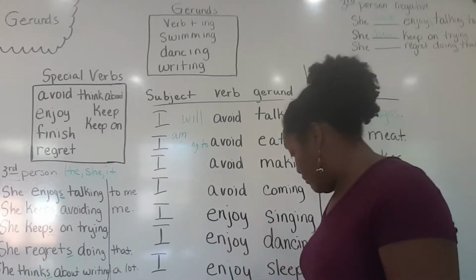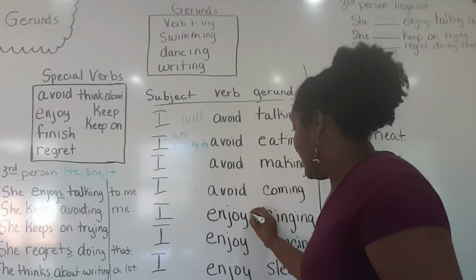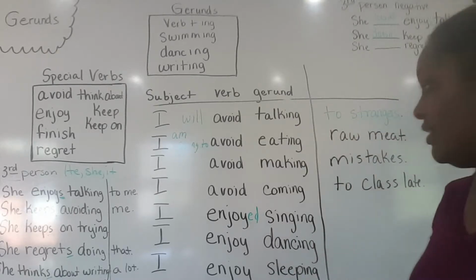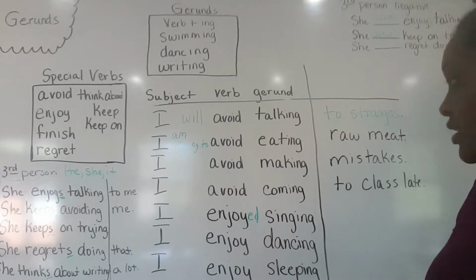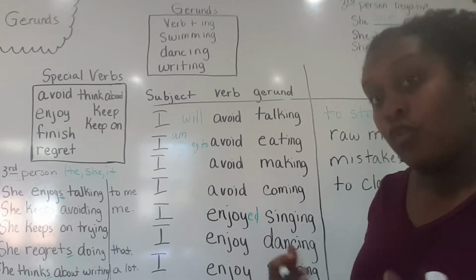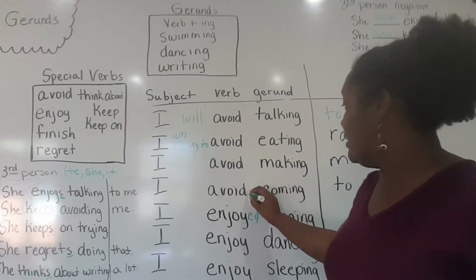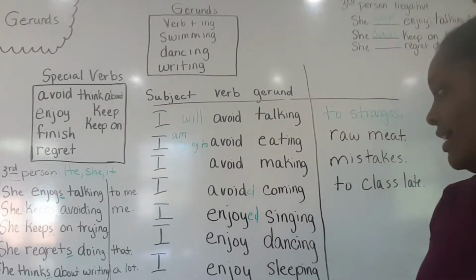Now, if you do past tense, let's do I enjoy. Past tense. We're going to say I enjoyed singing. So we're just going to add the ed to the end of the verb the same way that we form past tense, okay? So I avoided coming to class late.